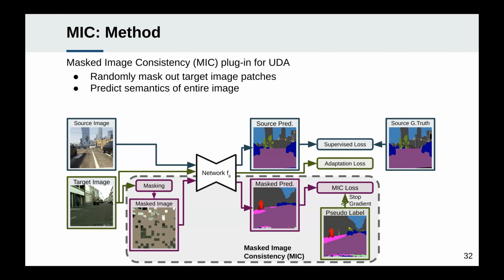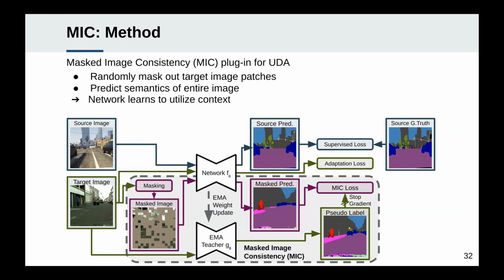So we have here a pseudo-label for the target image, and we have our masked input, and then we train the network only using the visible patches to try to predict the whole semantic segmentation. And in order to do that, the network has to learn context relations, because otherwise it cannot fill in the blank masked parts of the image.